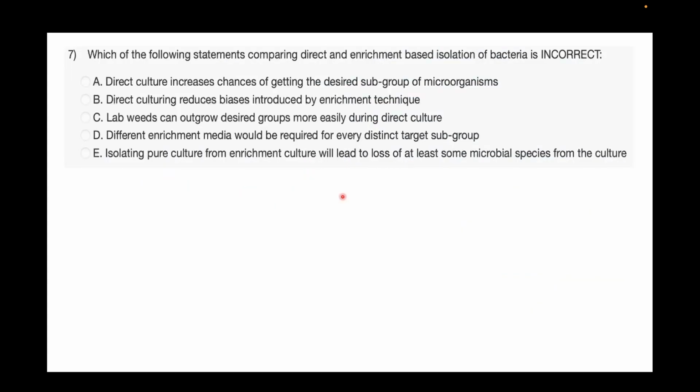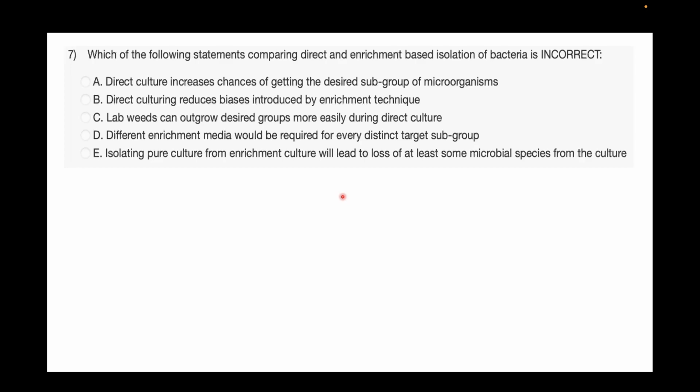Which of the following statements comparing direct and enrichment based isolation of bacteria is incorrect? Option A, direct culture increases chances of getting the desired subgroup of microorganisms. Option B, direct culturing reduces biases introduced by enrichment technique.